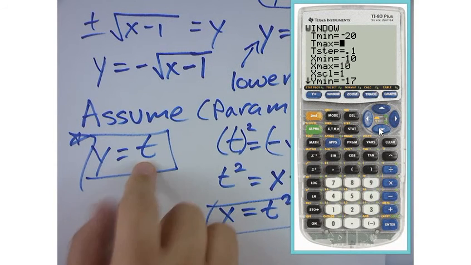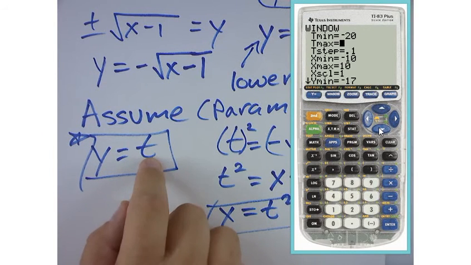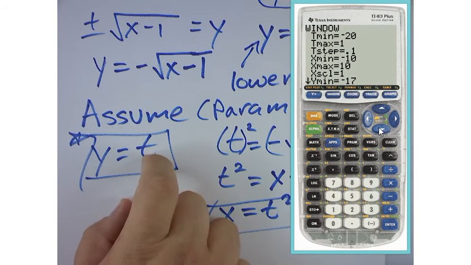The reason I say that is when t equals a positive number, what will the y value be? And that would put us in the upper half of the parabola, right? So the maximum value for t, the way that we're doing it here, should be 0.